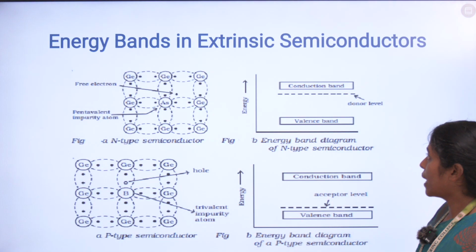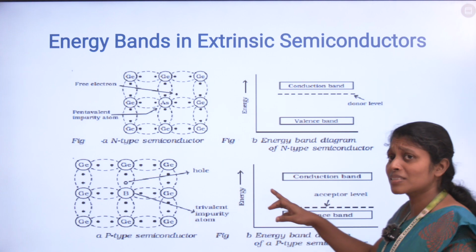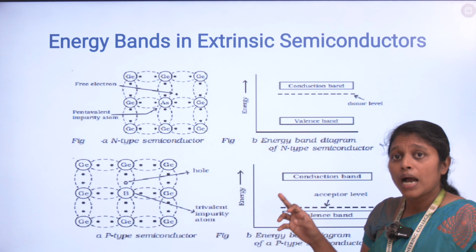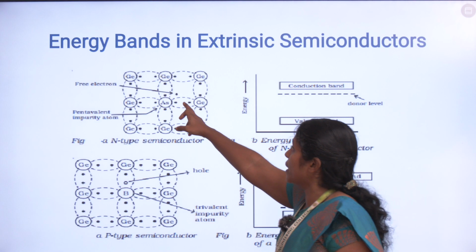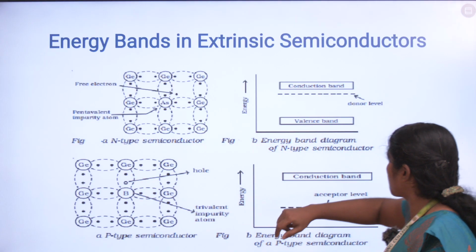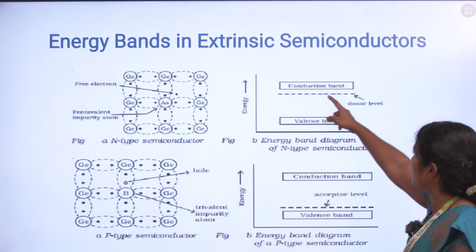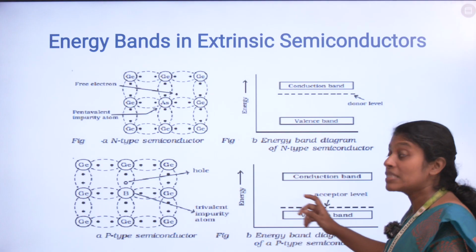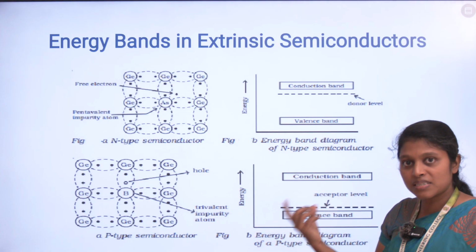Now the energy bands in extrinsic semiconductor. As I said, for N-type material we use a pentavalent element, by which there will be a free electron. The donor level, that is the Fermi level, will be closer to the conduction band, since there are more electrons and extra free electrons.